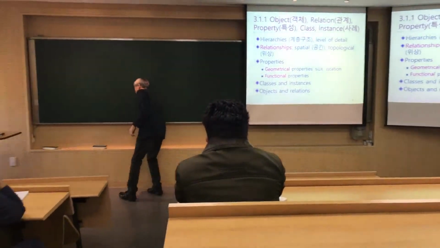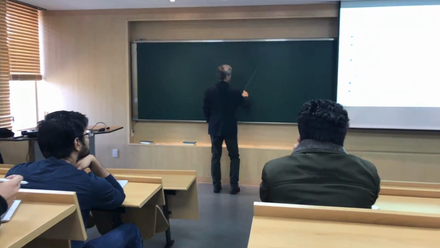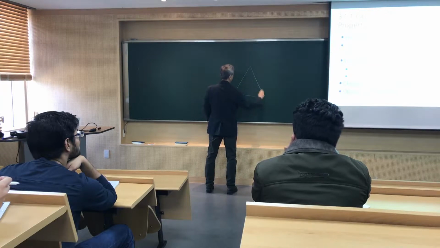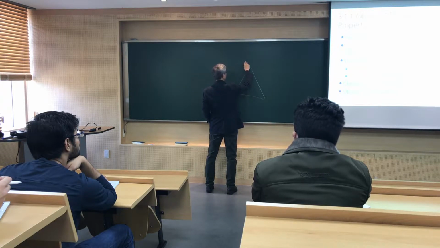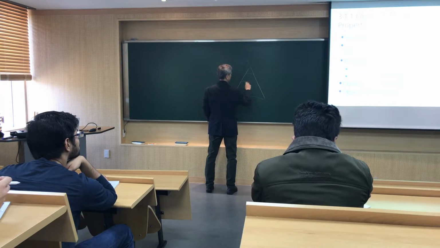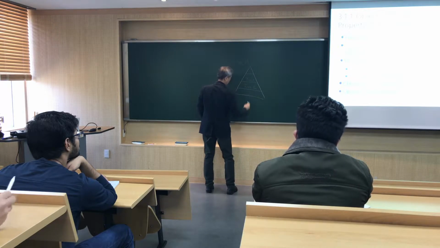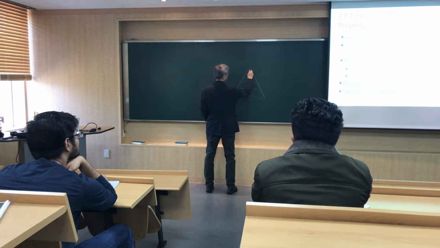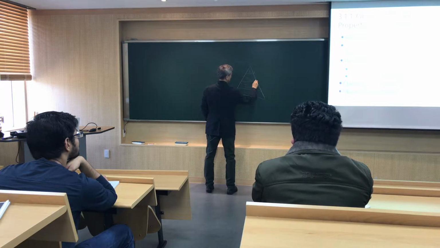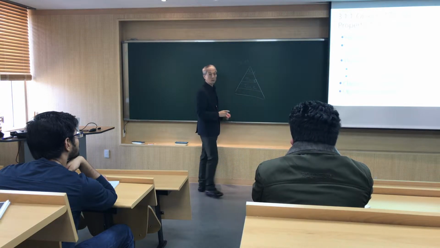Once I draw the tiers like this, this is supply chain management. This is tier 1, tier 2. This is Ford, and the electric motor is one single item.